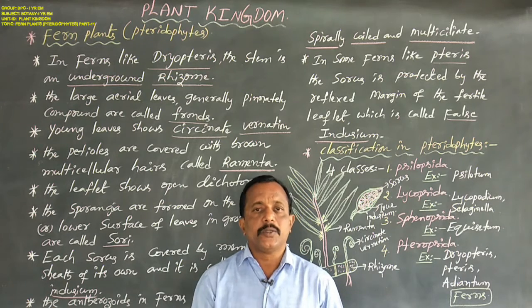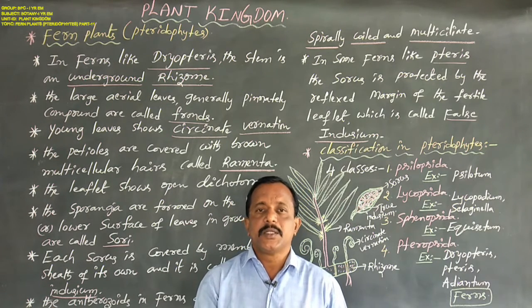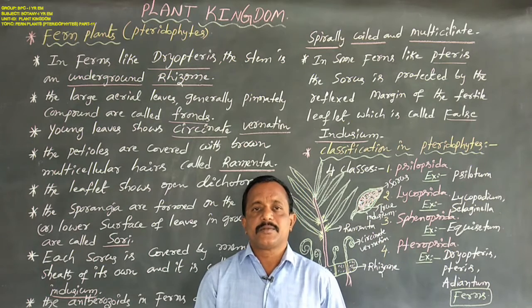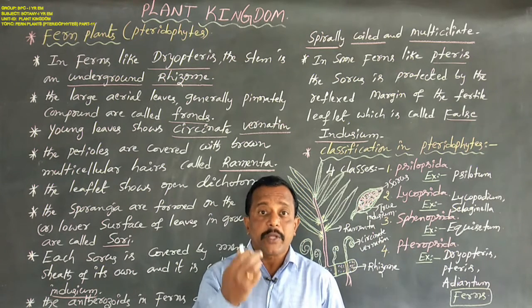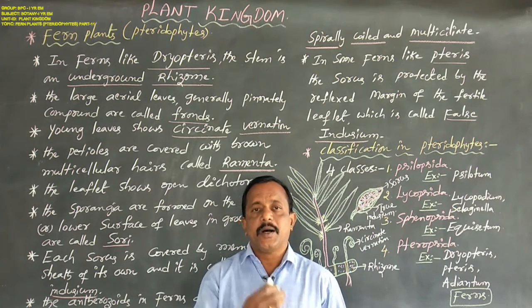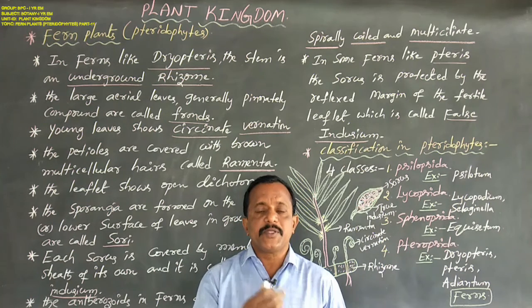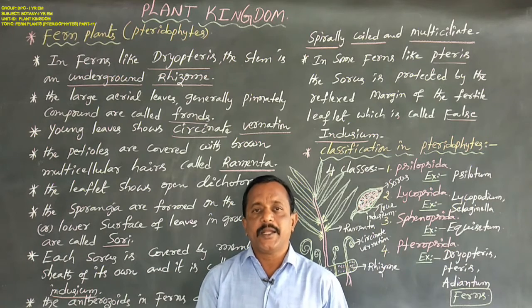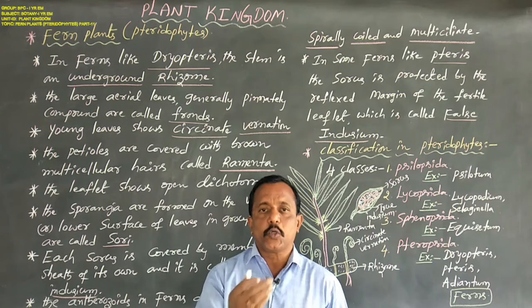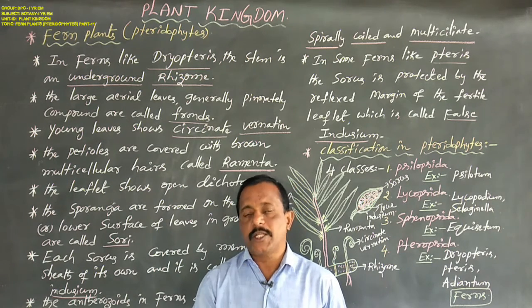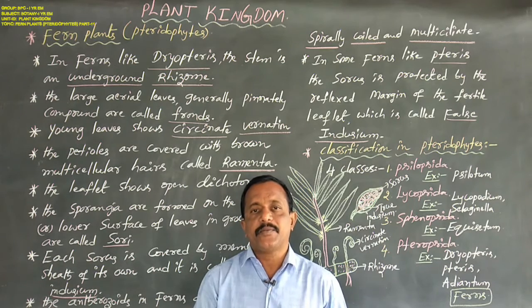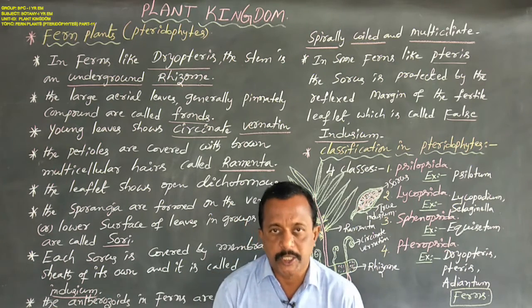We also discussed the types of steles. Four types of steles appear internally in pteridophyte stems: protostele, siphonostele, solenostele and dictyostele.